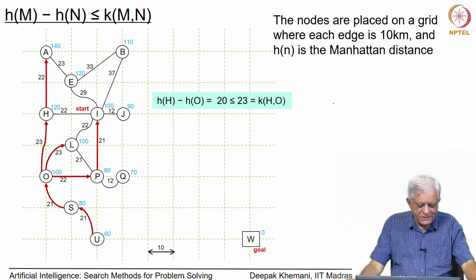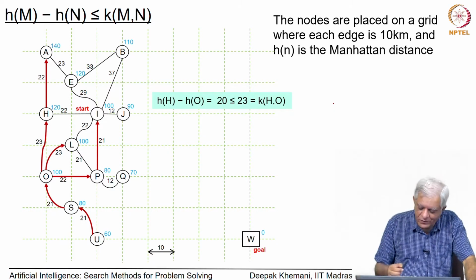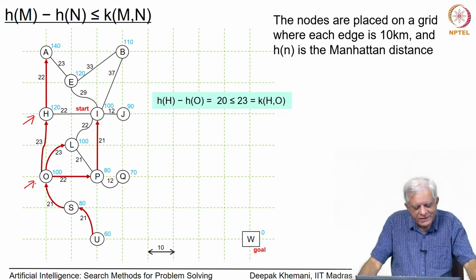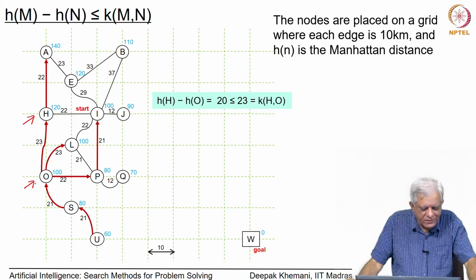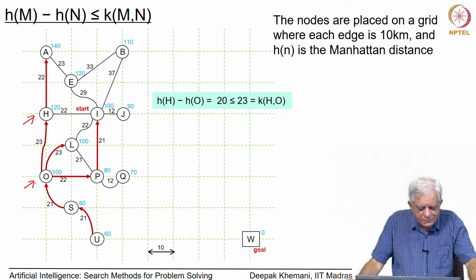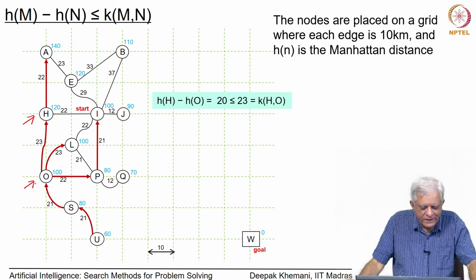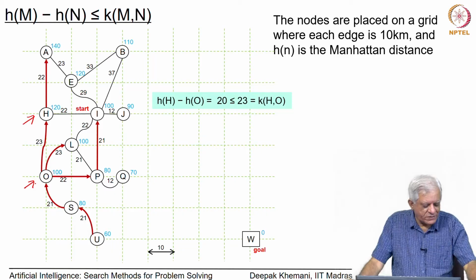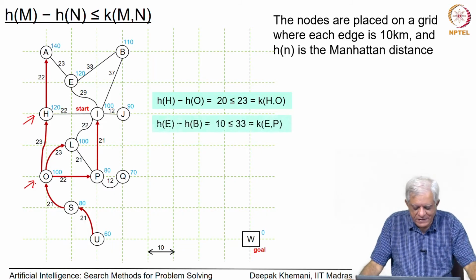Now, look at these two nodes H and O. H is here and O is here, and as depicted here, the path from H to the goal passes through O essentially. Now, the heuristic value of H is 120, the Manhattan distance, and the heuristic value of O is 100. The difference is 20, and as we can see 20 is less than 23, which is the edge cost from H to O.